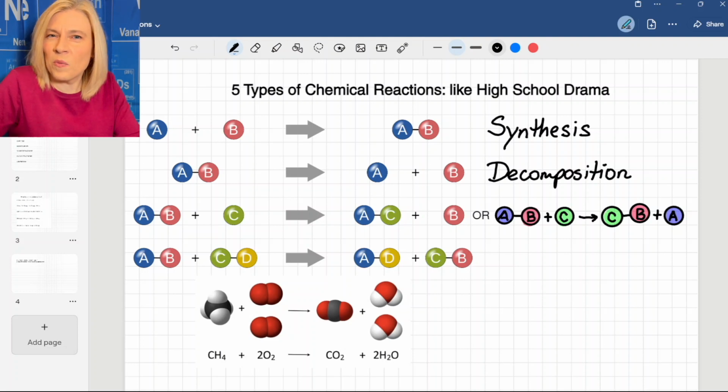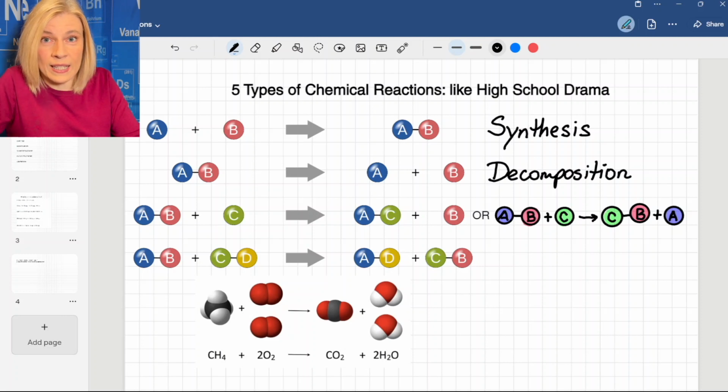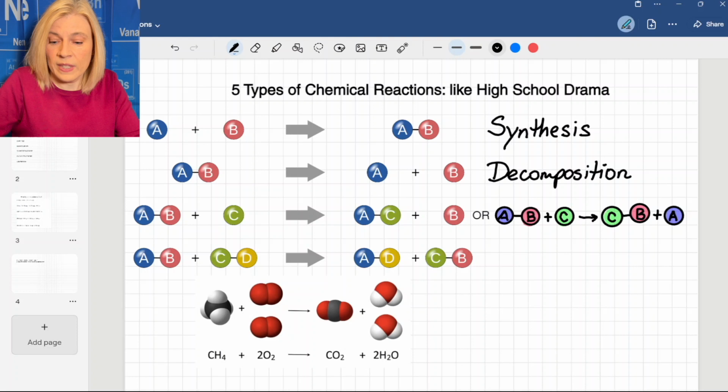That could be scenario 1. Or what else could have happened? Well, Adam and Barbara could have come together. They start dancing, and then Charlie walks in. And Charlie decides that he will have to dance with Barbara. So now Charlie and Barbara are dancing, and Adam is alone. This type of reaction with 2 different possibilities is called a single replacement reaction.